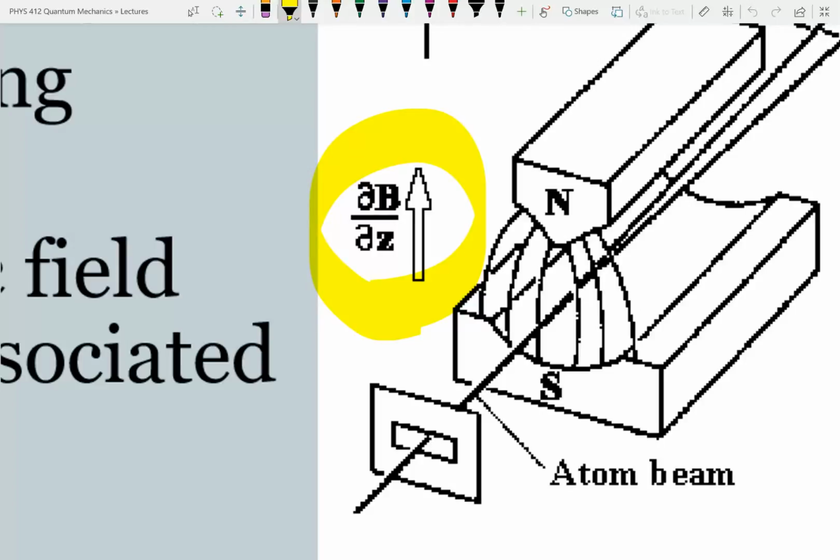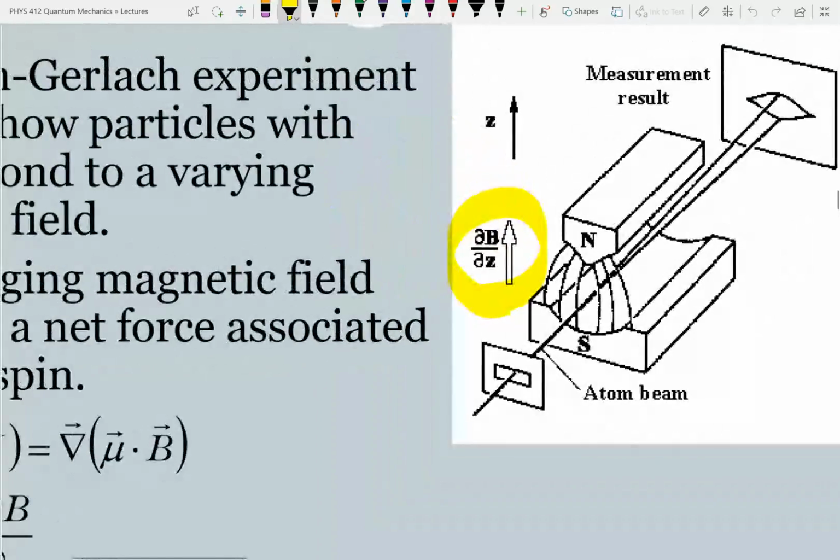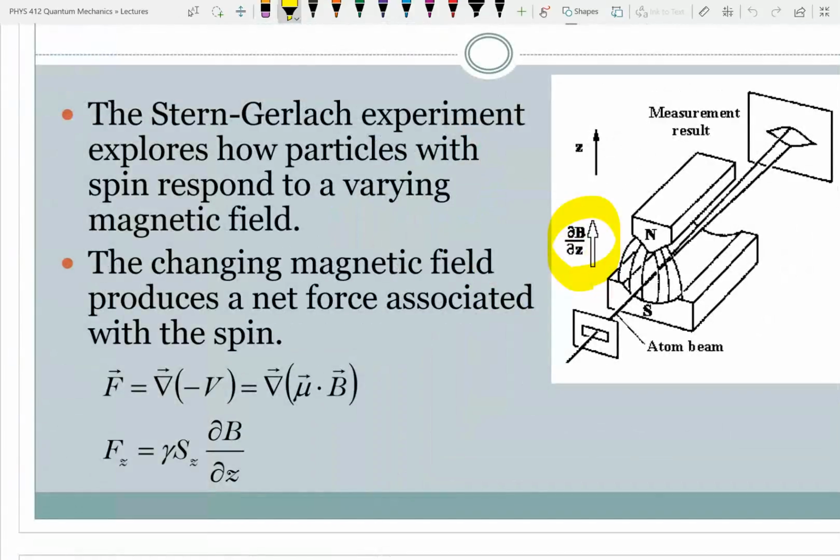With the changing magnetic field, with the magnetic field gradient, you're going to have a force that's going to make the particle accelerate. And so what Stern and Gerlach did is they said, let's just shoot a beam of, I'm going to say electrons here. I'm actually pretty sure it was silver ions.